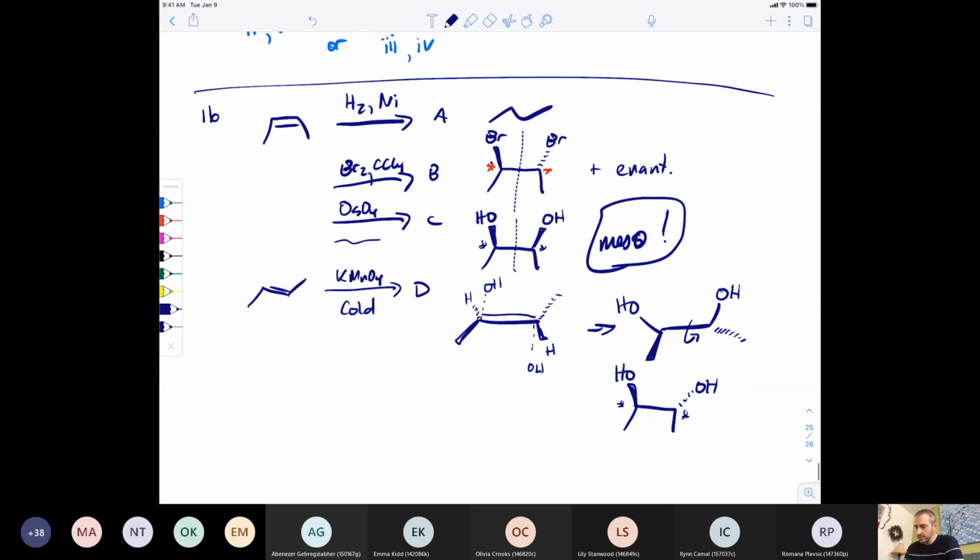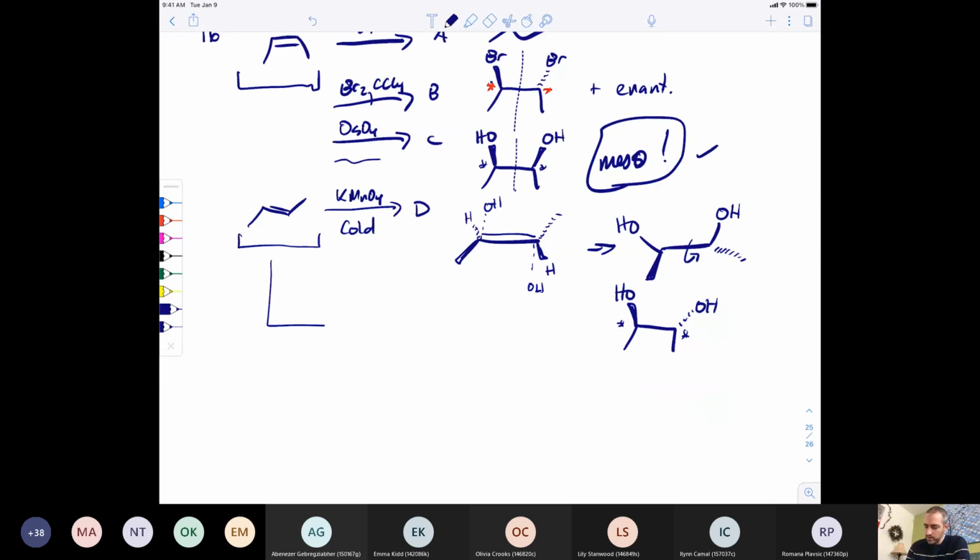So with this reaction, if you start with a cis alkene and you do syn addition, you're going to get a meso compound like you see in this case. But if you start with the trans molecule and do syn addition, you are not going to get a meso compound. But if you started with this and did Br2 in a nonpolar solvent like hexanes or carbon tetrachloride, that will add anti.